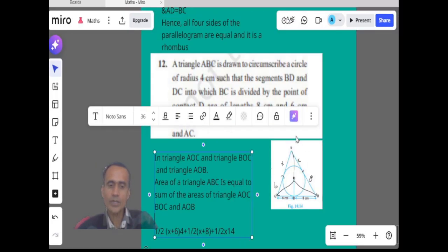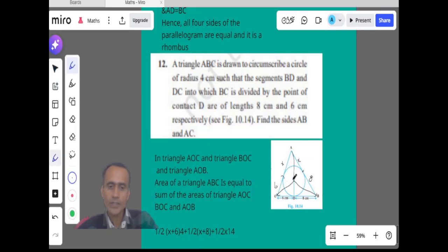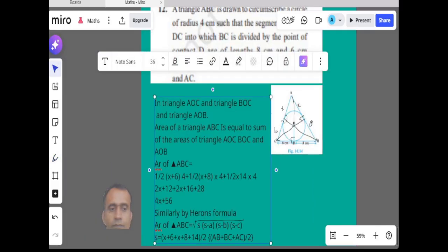In all cases the altitude is the radius, because this is perpendicular to this side, and this is perpendicular to this side. So this comes out to be.